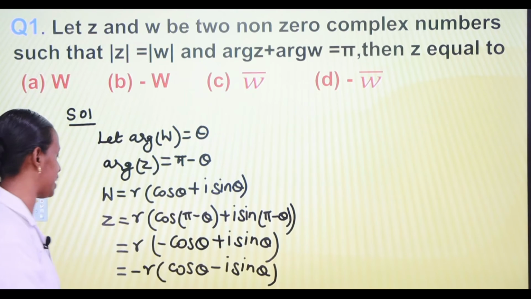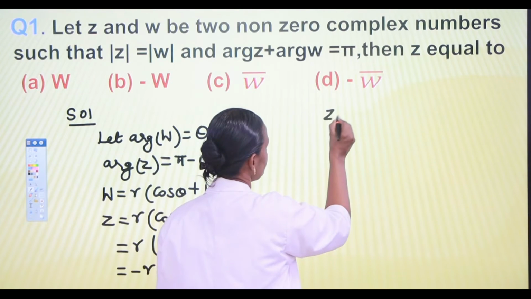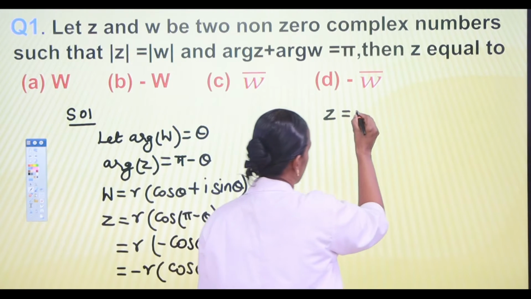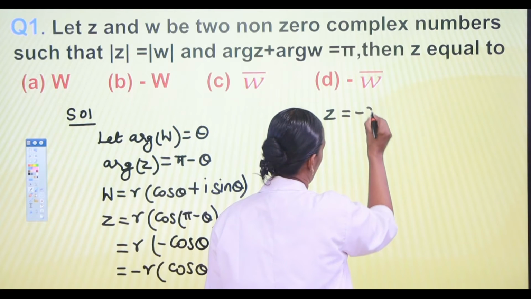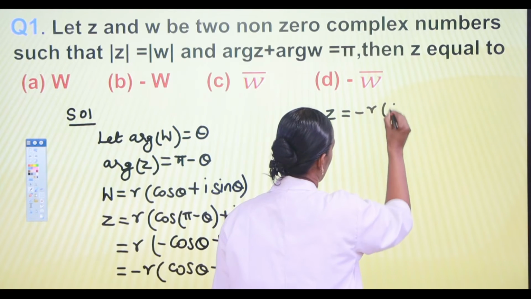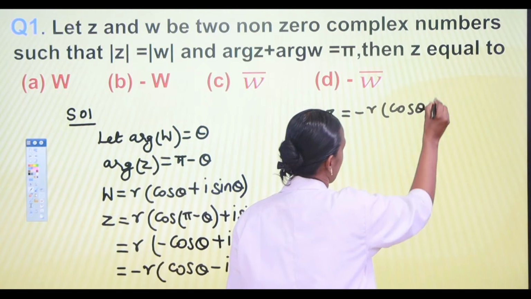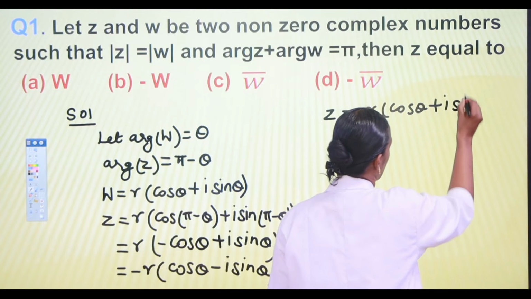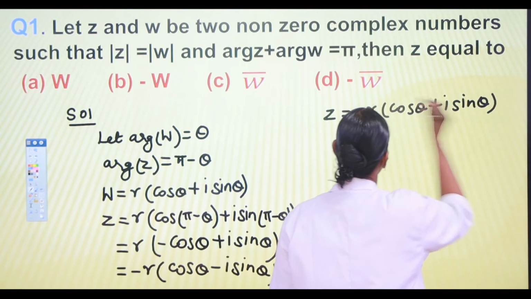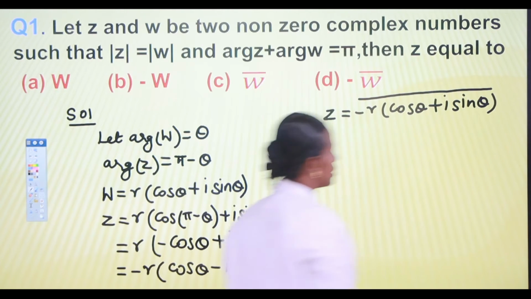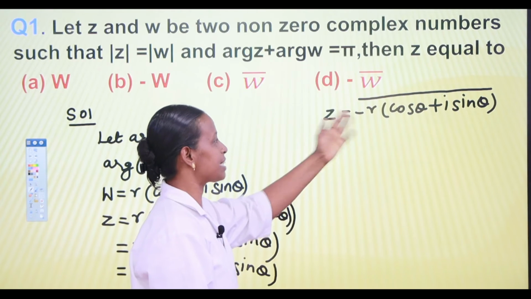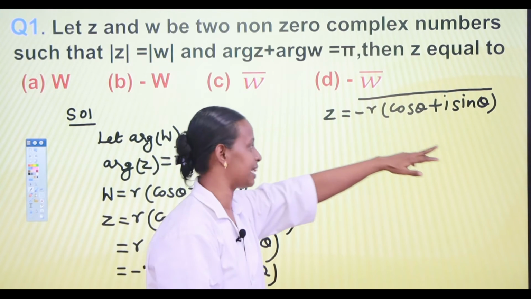Therefore, we can write this as Z equal to minus R into cos theta plus i sin theta the whole bar. So, conjugate of this one is nothing but minus R into cos theta minus i sin theta.